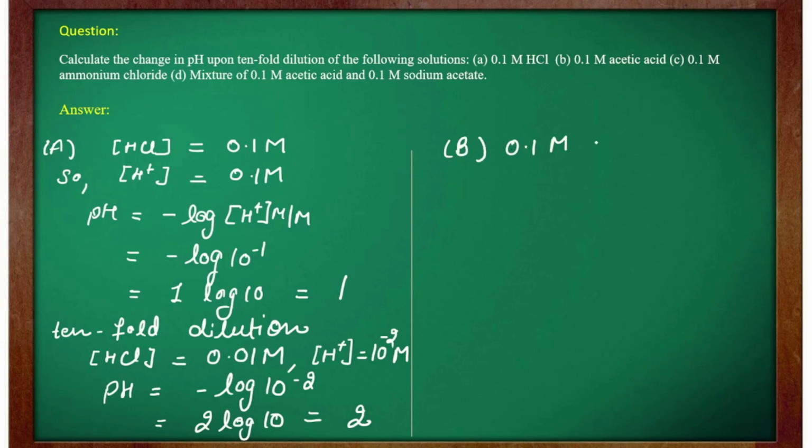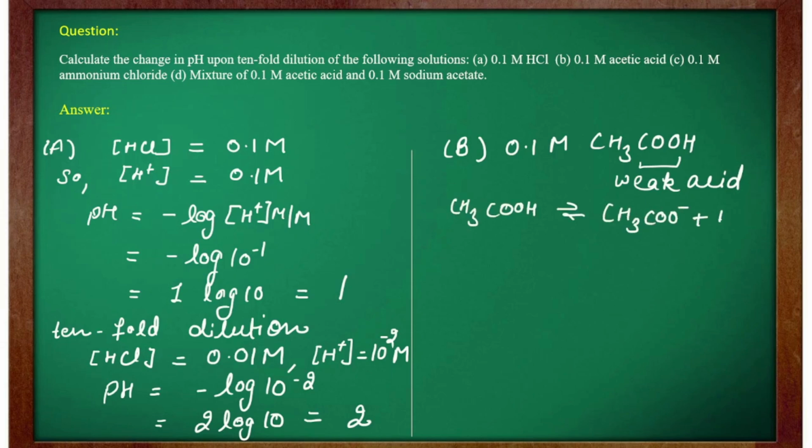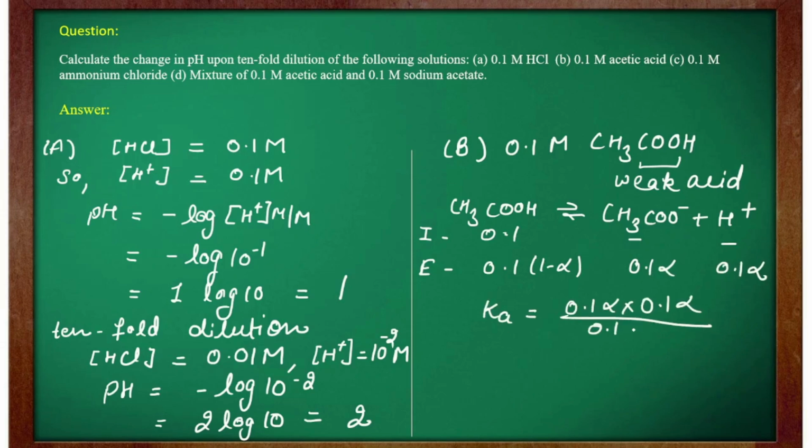Part B, given concentration of acetic acid is equal to 0.1 molar. Acetic acid is a weak acid. Acetic acid dissociates into acetate ion and hydrogen ion. Dissociation constant is equal to multiplication of acetate ion and hydrogen ion divided by acetic acid concentration.